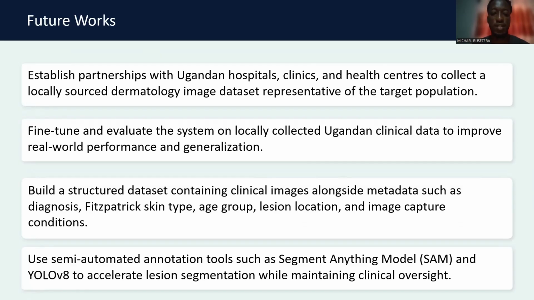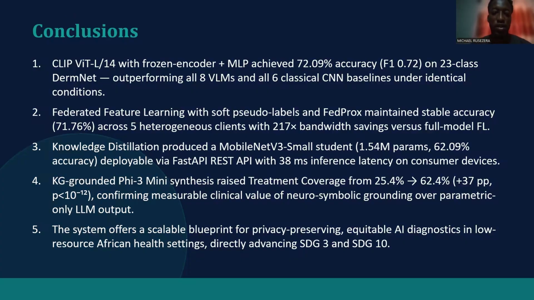Then also, these future improvements would move the system closer to a more practical clinical deployment. In conclusion, this research successfully demonstrated a privacy-preserving, scalable AI approach for dermatology screening, and our best performing model was the CLIP ViT-L/14 Vision Transformer with a frozen encoder and MLP classifier, which had an accuracy of 72.09% and an F1 score of 0.72.